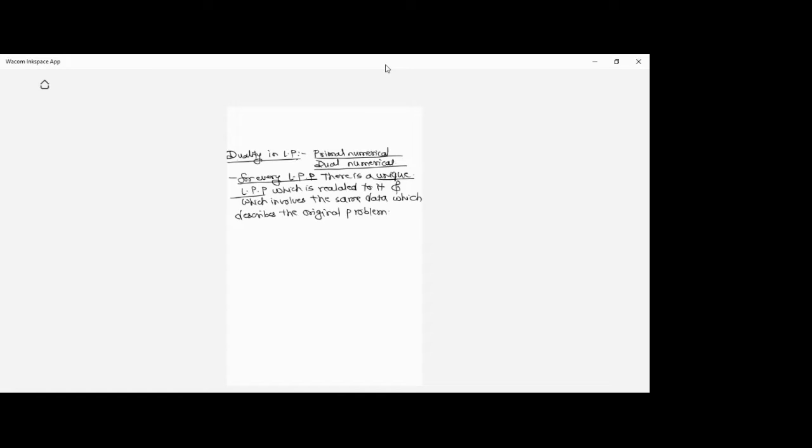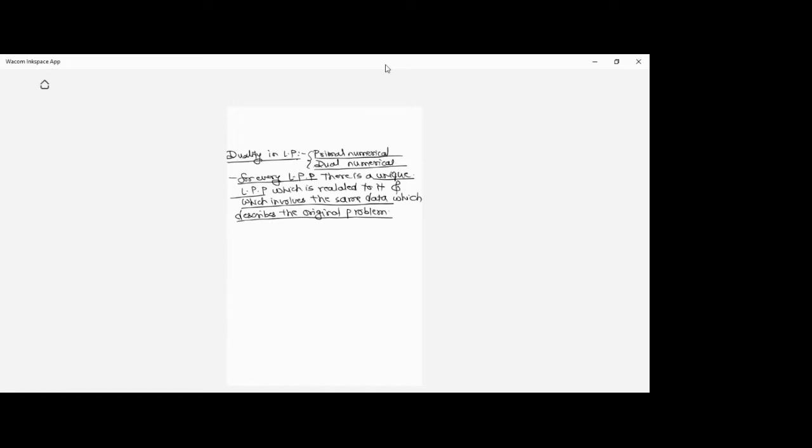So every primal and dual are related to each other, and they use the same data which describes the original problem, right? This is called duality in LP. You have a primal numerical, and there is another unique LP problem using the same data of your original problem, which is related to your primal numerical.